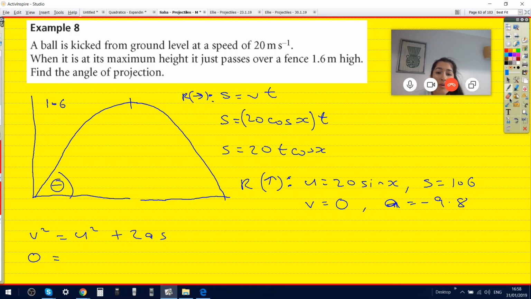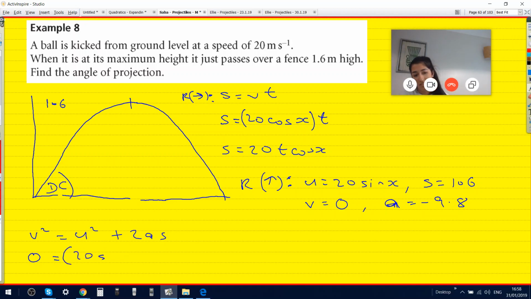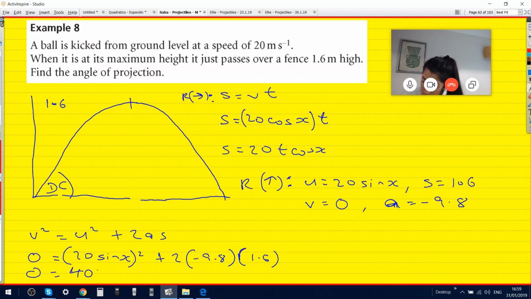Okay. x is literally what we're trying to find. So 20 sine x squared plus 2 times minus 9.8 times 1.6 is minus 31.36.